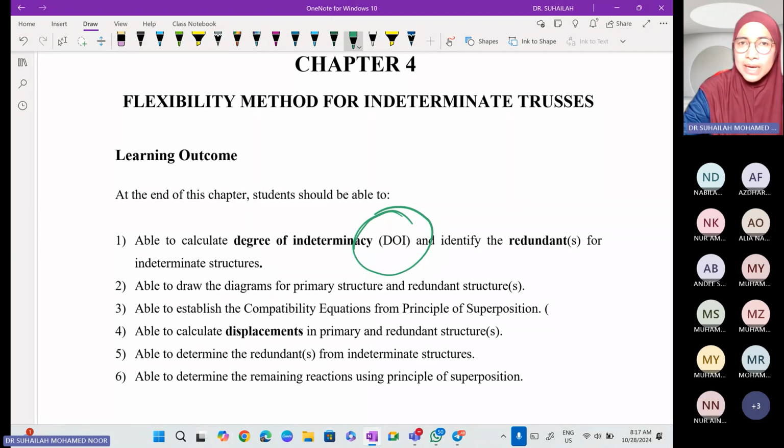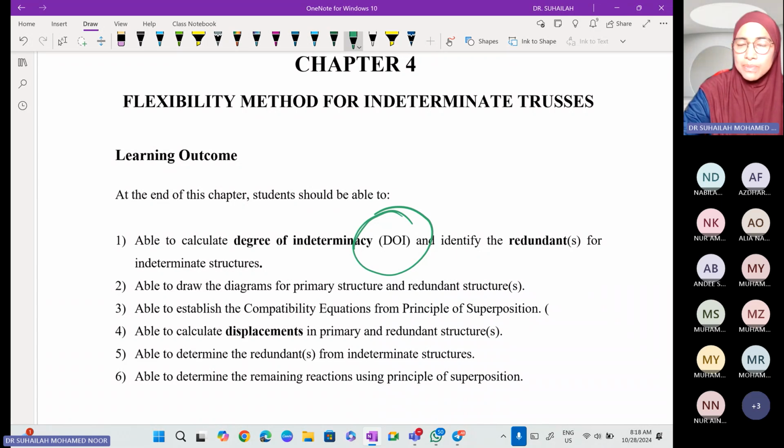And from that, we can directly write the compatibility equation. Since we understand that the compatibility equation is based on displacement, we just need to write the displacement equation for the compatibility equation.